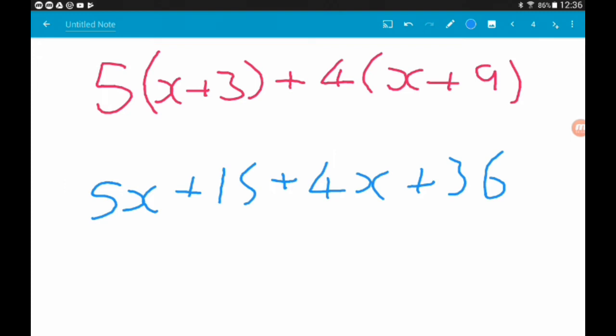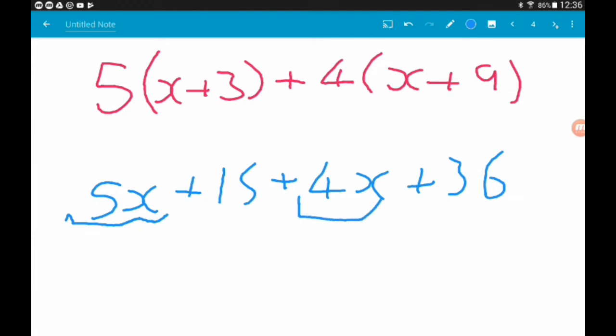Now we want to simplify. So how many different types of term have we got? Well, we got x terms and number terms. So terms with no algebra attached. So let's deal with the x terms first of all. So we've got 5x over here and 4x there.